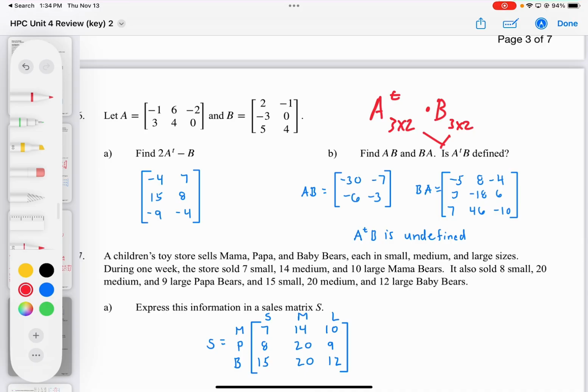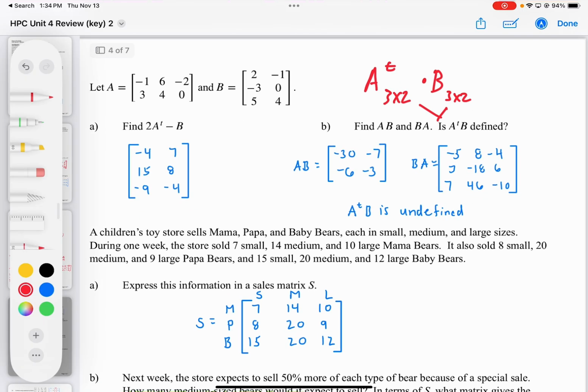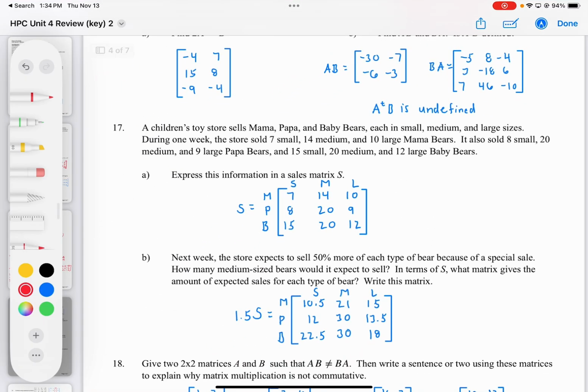Okay. A children's toy store sells Mama, Papa, and Baby Bears, each in small, medium, and large sizes. During 1 week, the store sold 7 small, 14 medium, and 10 large. It also sold 8 small, 10 medium, and 9 large, and 15 small, 10 medium, and 12 large baby bears.